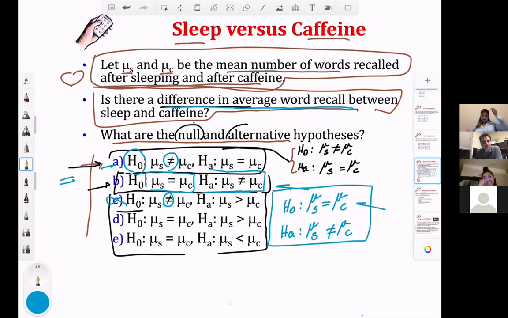So we need to reject this with our sample. So alternative said they are not equal.